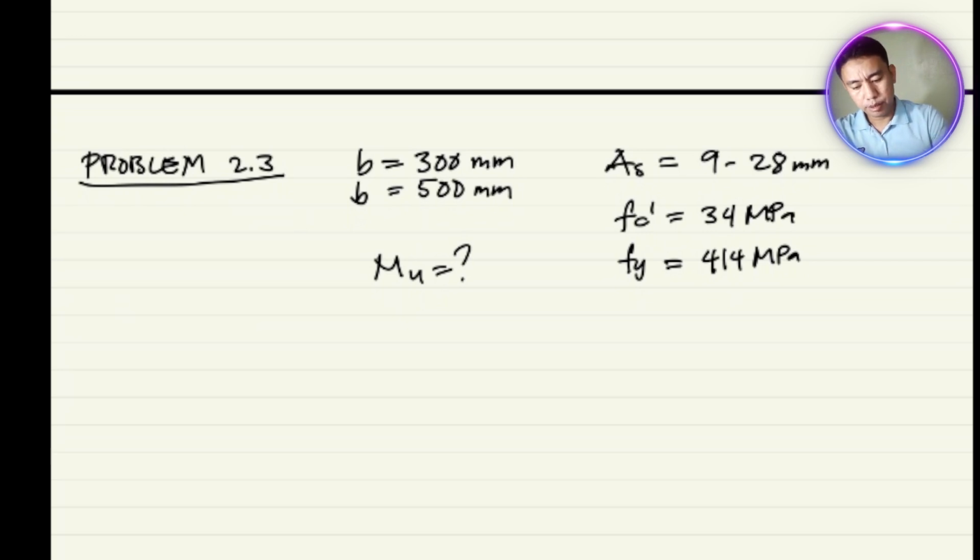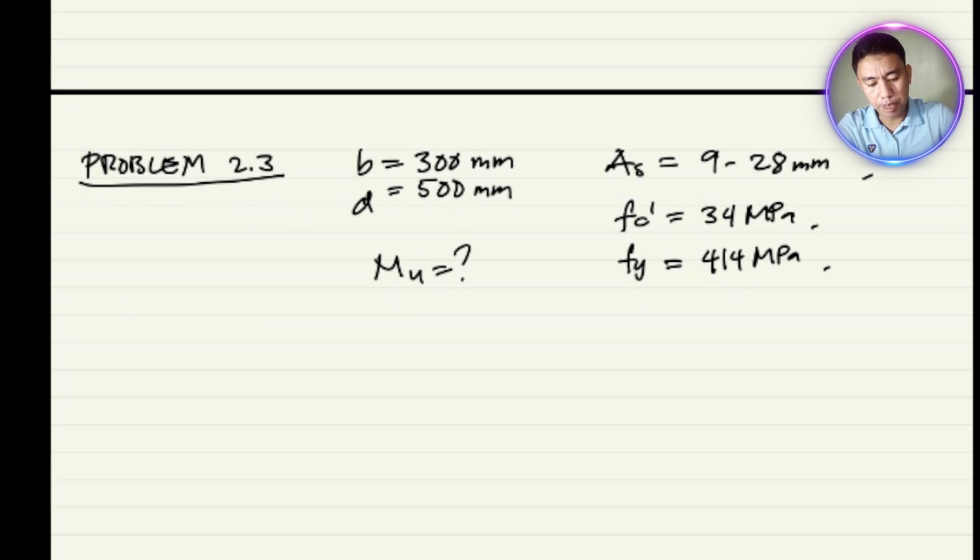B, sorry, this one should be D. Okay. We have 300 by 500, 9 28 mm reinforcement, and then FC prime 34, and then 414 megapascal. So this is problem 2.3 in the book.